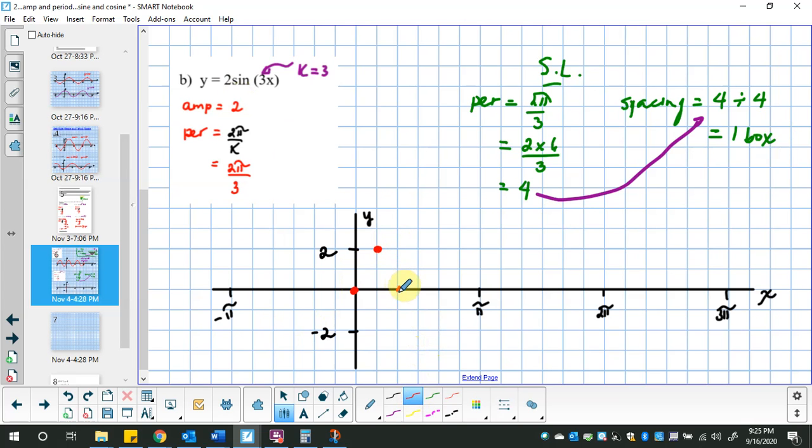Count to 1, count to 1, 1, 1, 1, 1. Just for fun. There, I'm done. Connect the dots with a curve.